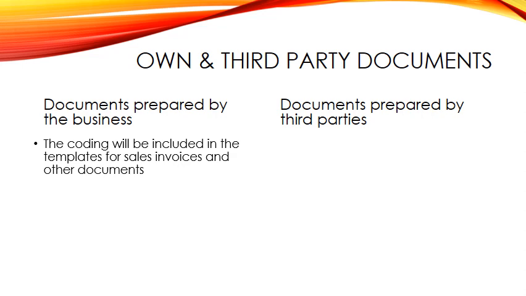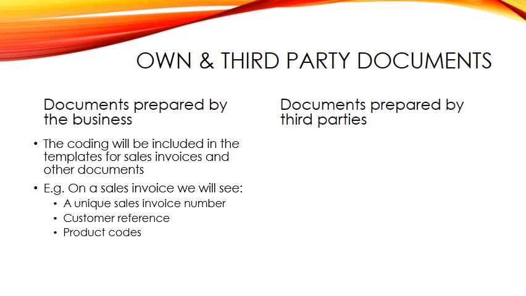With the documents that are prepared by the business itself, the coding that will be used will be included in the templates for our sales invoices and other documents, and the coding will be set up to fit in with our bookkeeping requirements. So for instance, a sales invoice produced by a business is going to include a unique sales invoice number, a customer reference.